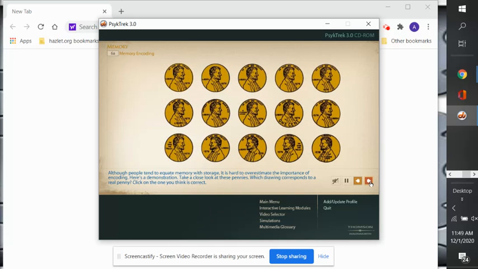So if you look here, although people tend to equate memory with storage, it's hard to overestimate the importance of encoding. If you look at this demonstration and you look at these pennies, I'm sure everybody has seen pennies. Which drawing do you think is the real penny? Most people have a difficult time with this because even though they know what a penny looks like, they never actually encoded the actual details of a penny because they don't have to.